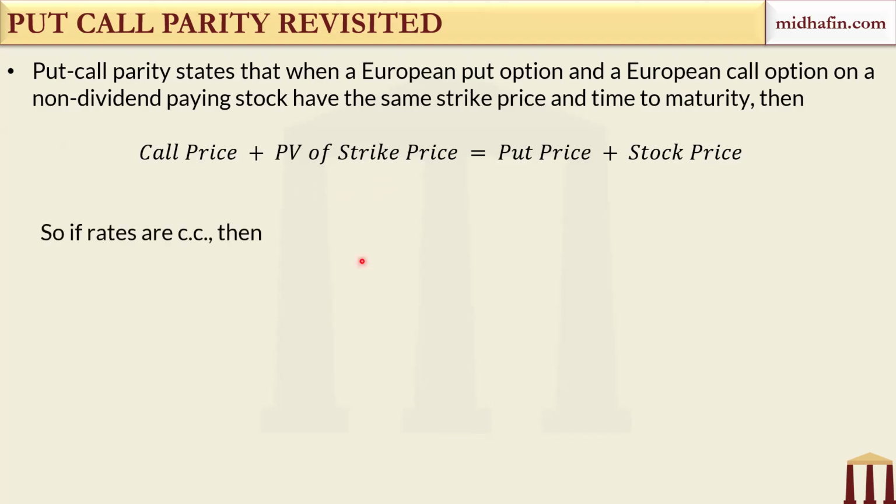So obviously if rates are in continuous compounding, then the same thing becomes C plus K e raised to the power minus RT, because this is continuously discounted, is equal to P plus S. So if we have C, we can have P directly. We don't need to make a separate tree for that.